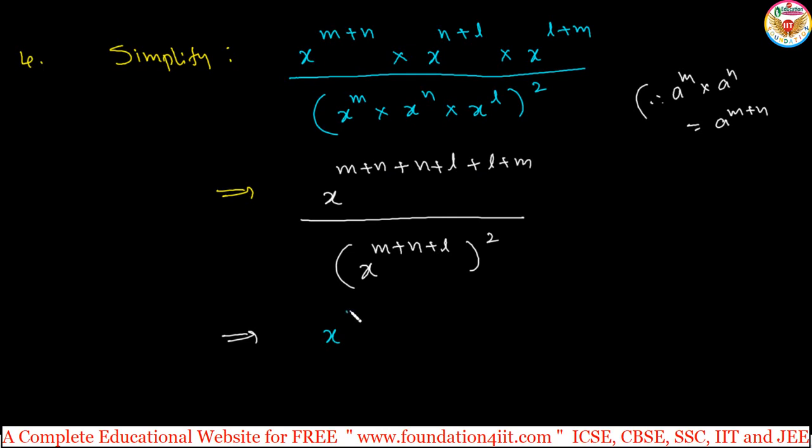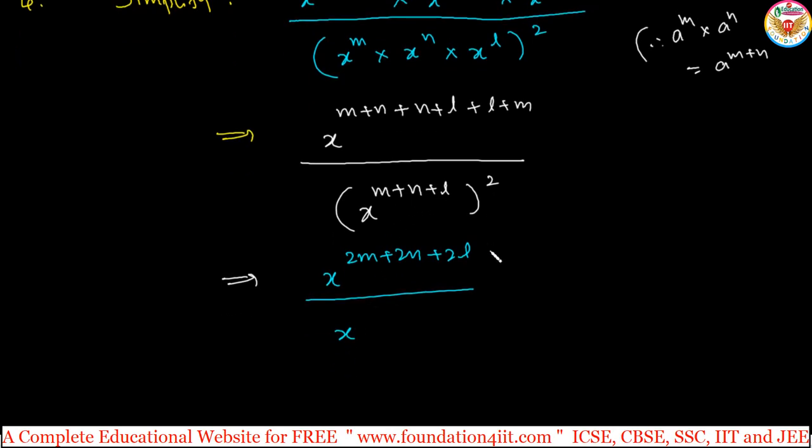So we can write that is 2m plus 2n plus 2l, divided by the same, x to the power m plus n plus l whole square. So power 2 for everything, so m plus n plus l into 2, because a power m whole power n is a power m into n. Now x to the power 2m plus 2n plus 2l is in the numerator.